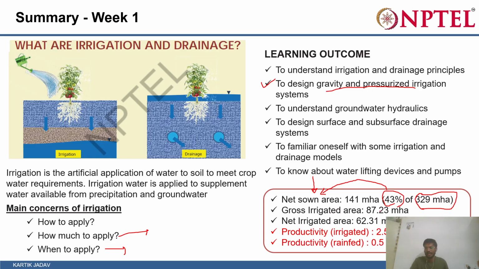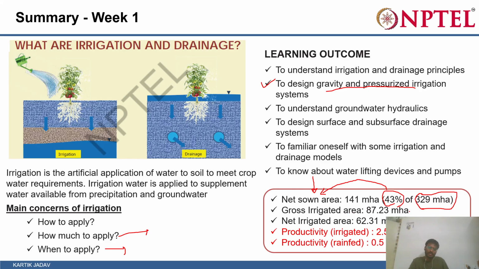So it's just a little greater than 50% of the net sown area, right? So there is still a huge gap between net sown area and irrigated area, right?